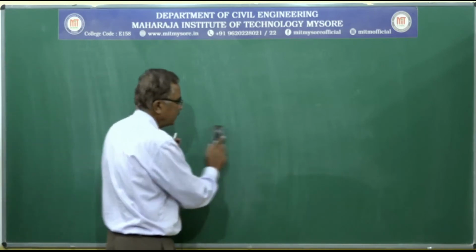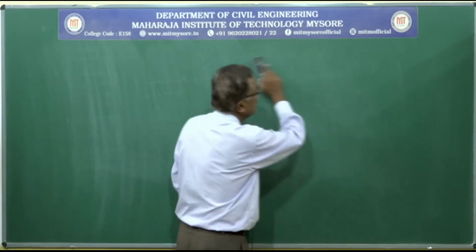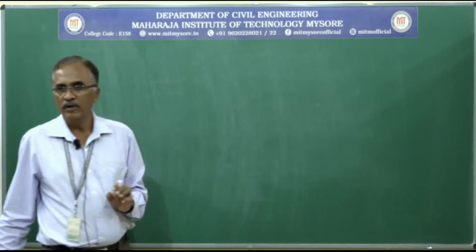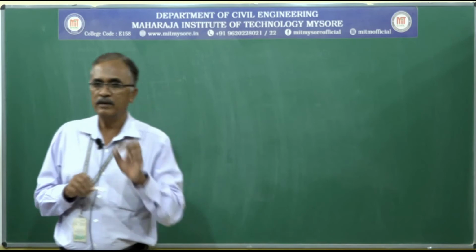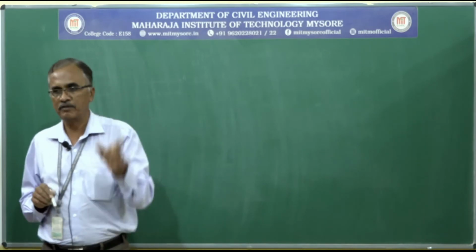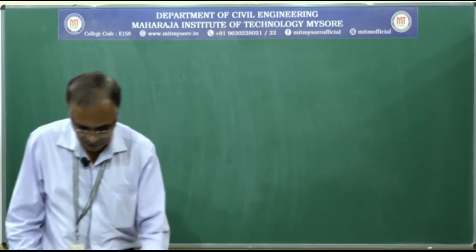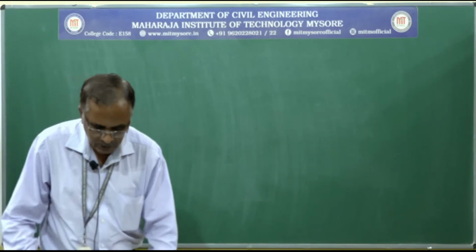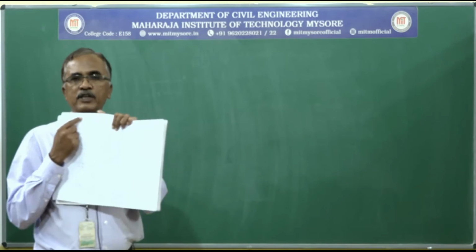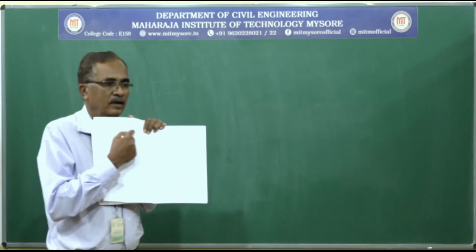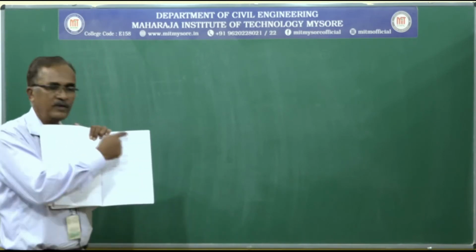Again, as in the shear force and bending moment chapter, for every new problem we select a fresh page. Fresh page means you write the figure on the extreme left hand side, and then continue the calculation.